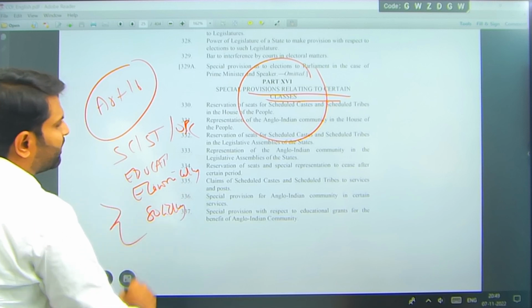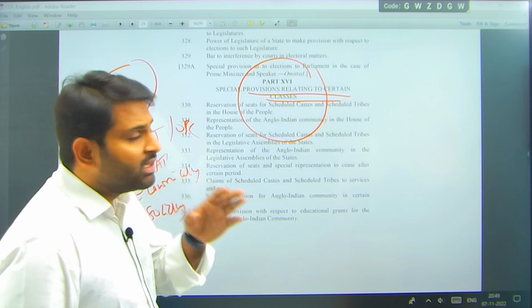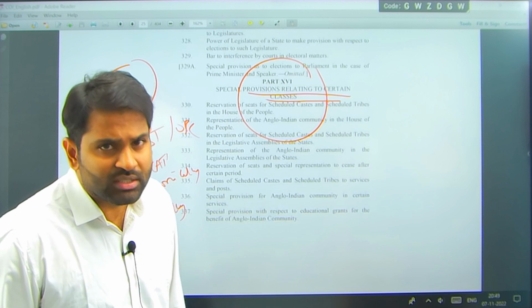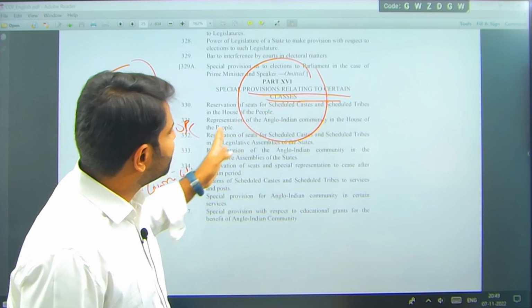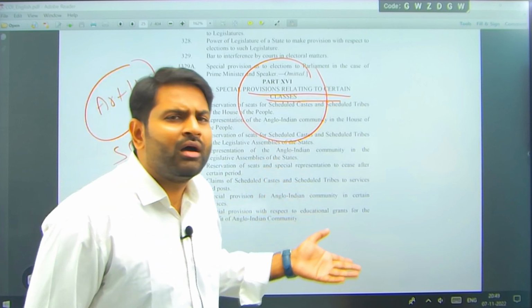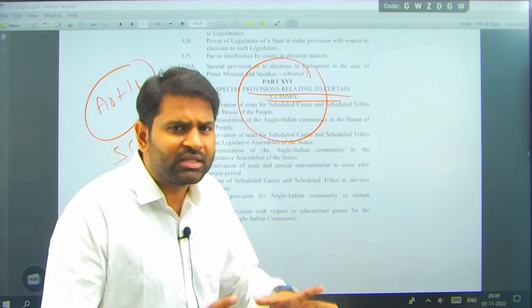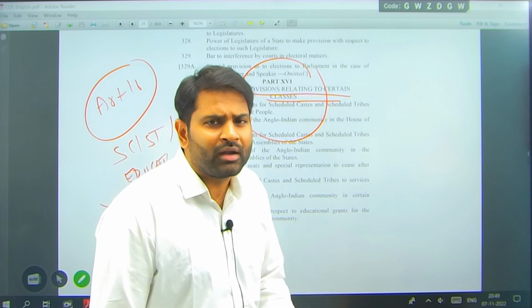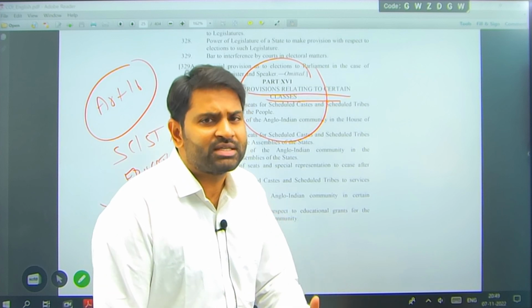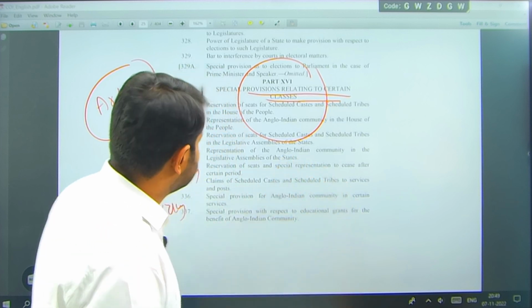So what are the different provisions they have in the legislatures, right? So special provisions relating to certain classes, reservation of seats in Lok Sabha, Rajya Sabha or assemblies or any other legislature, wherever there is government, what is position of certain classes in that particular government, that is 16th part.